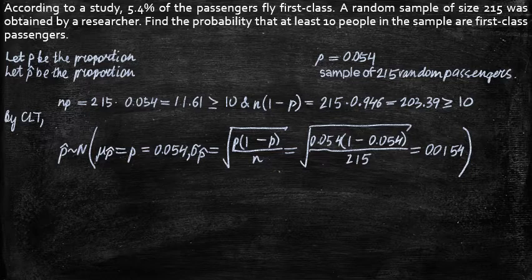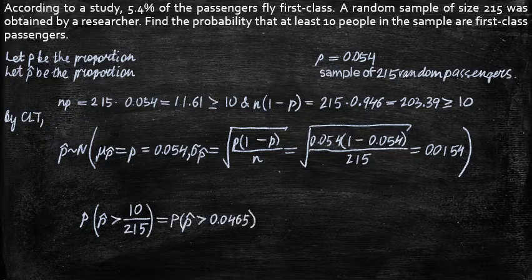Now the probability that at least 10 people in the sample are first-class passengers can be expressed as the probability of the sample p hat being greater than 10 out of 215, which can also be rewritten as the probability of p hat being greater than 0.0465.